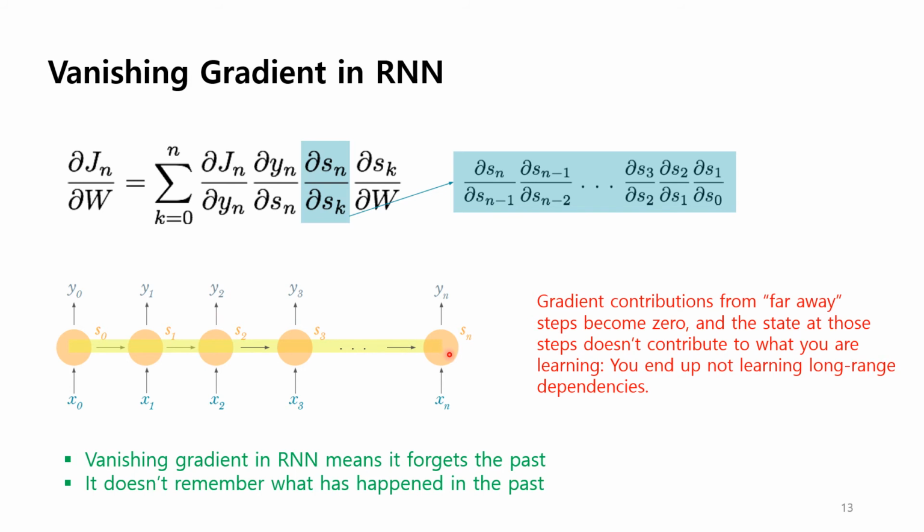So the thing is, you have to compute this one, and then this one actually consists of this thing, and for each time step, you compute this. So if you have many time steps, then again, for each time step, you have this.